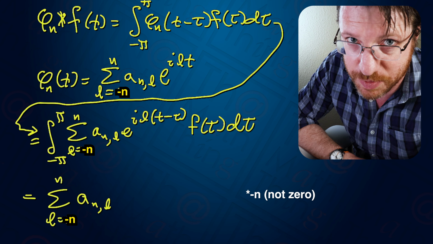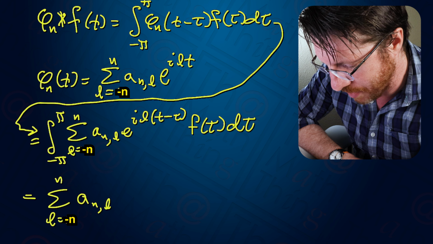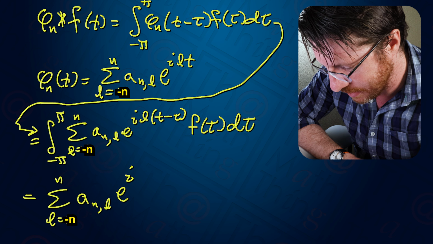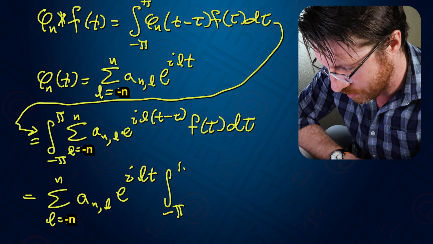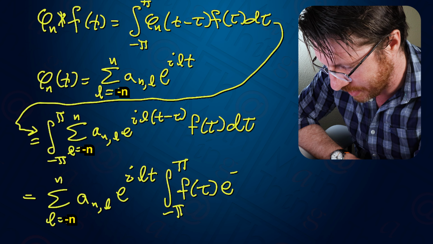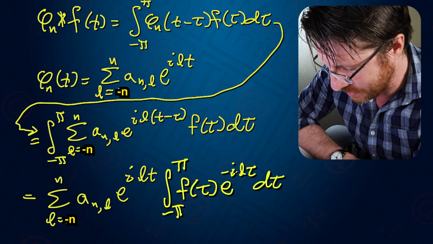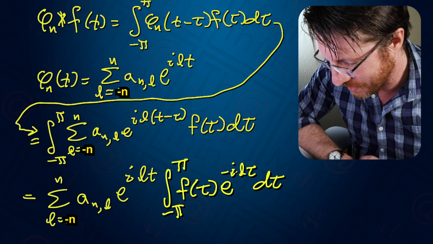Now those don't depend on tau, so we can take those out. And then we end up having e to the i l t, and this times the integral from minus pi to pi of f of tau e to the minus i l tau d tau. And so there we go.